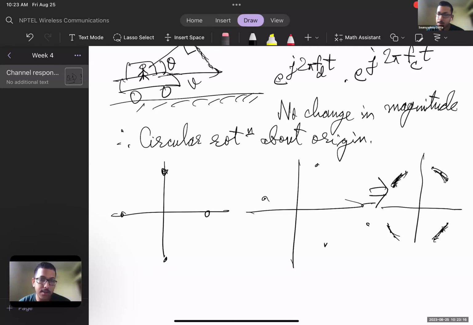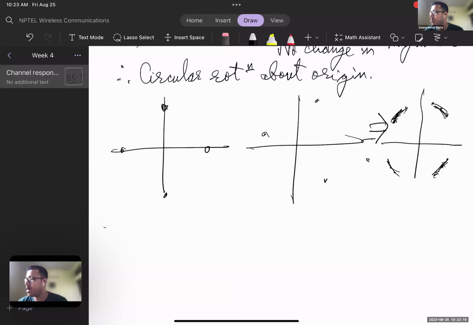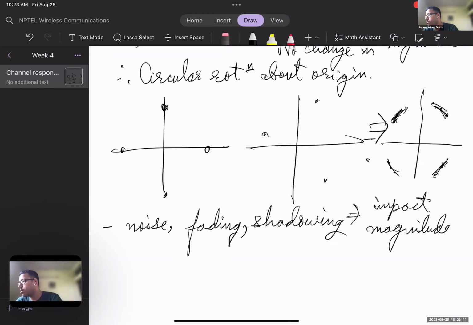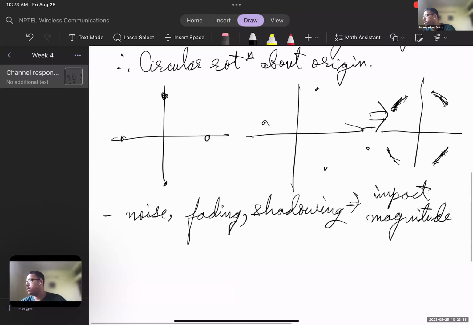And this will change. So now if I add more complications, let's say noise, and then there is fading, and then there is shadowing, all of these things impact the magnitude. Interference, whatever. So in that situation, your magnitude won't stay the same.